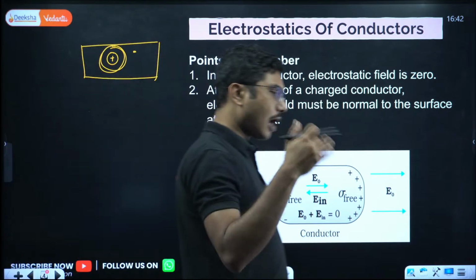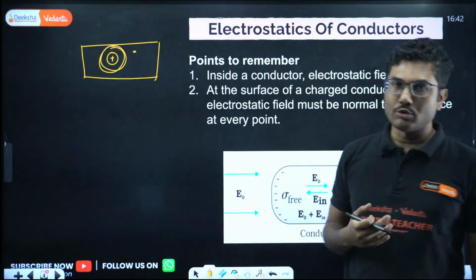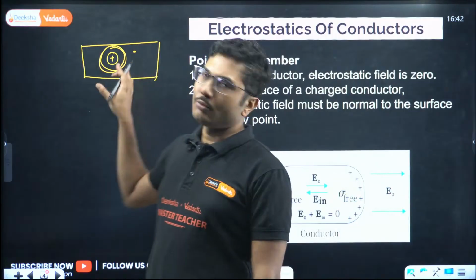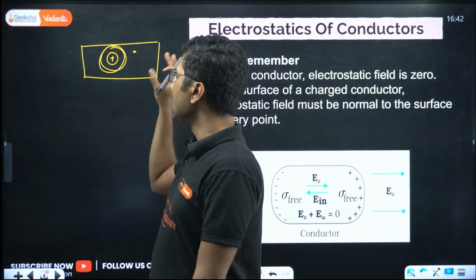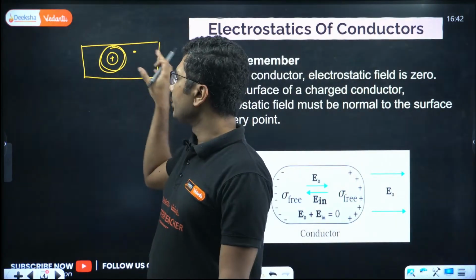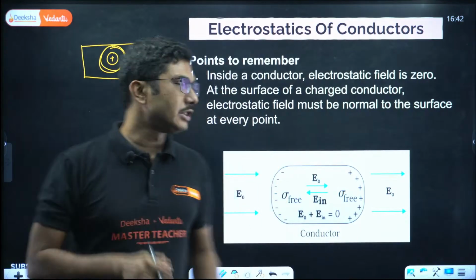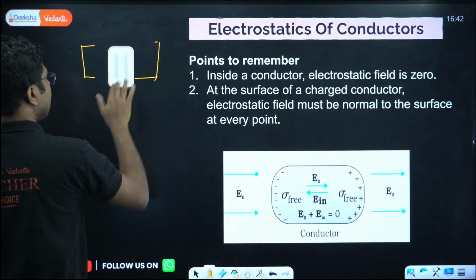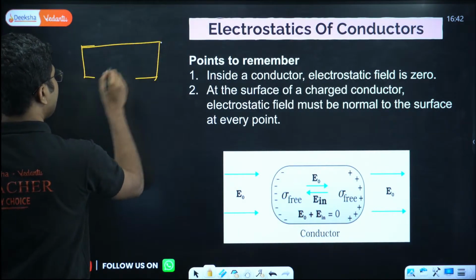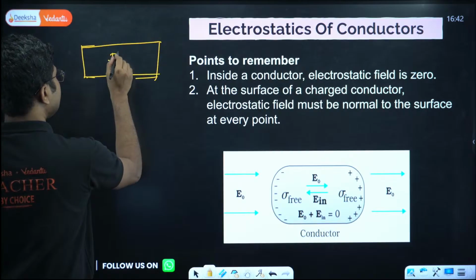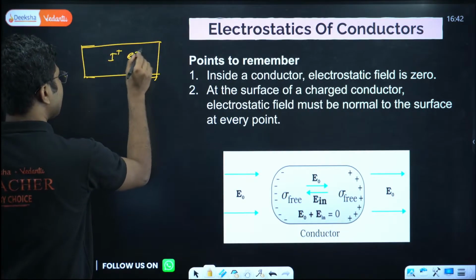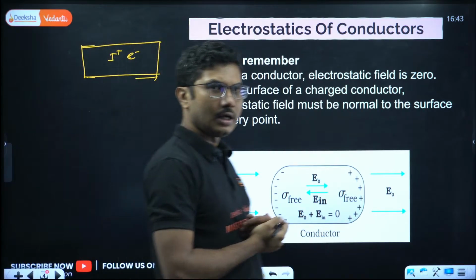Outermost electrons are free to move inside the conductor. Innermost electrons are still bound to the nucleus, so they are not able to move. So this can be considered a positively charged ion. Positively charged ions and electrons are the 2 main ingredients inside the conductor.